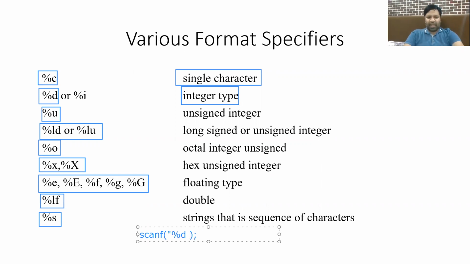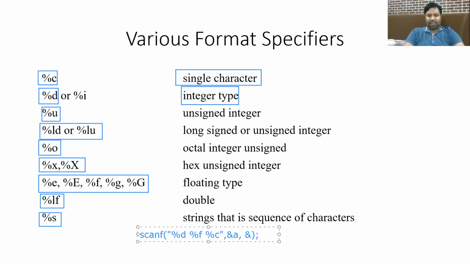The value of the second variable is of float type, so I am going to use %f. The value of the third variable is of character type, so I am going to use %c. Now, comma. Give the name of the first variable preceded by the reference operator, ampersand a, which means %d is for the first value, which is of integer data type, and the name of the variable is a.